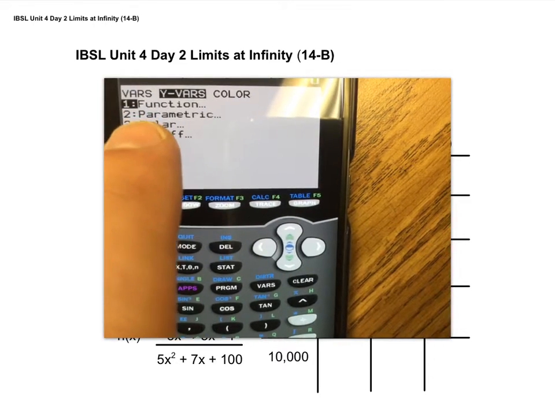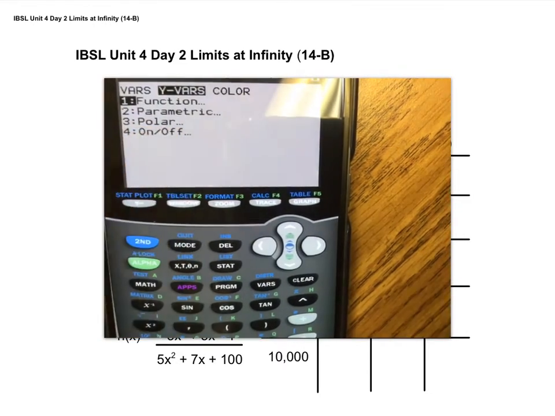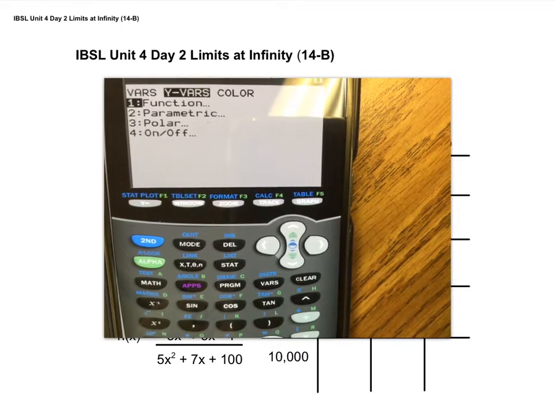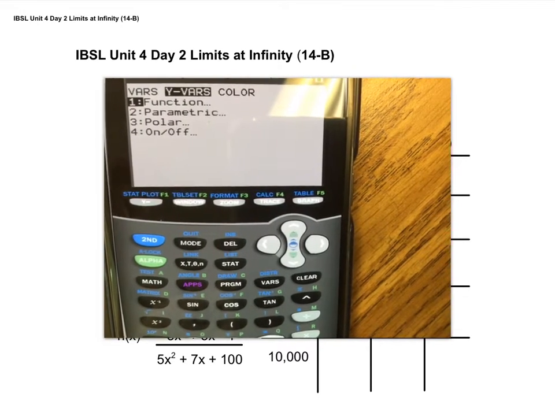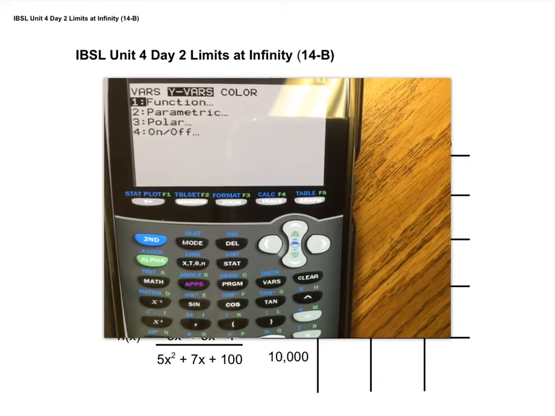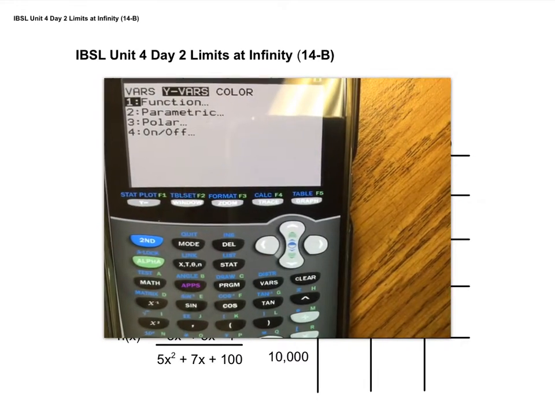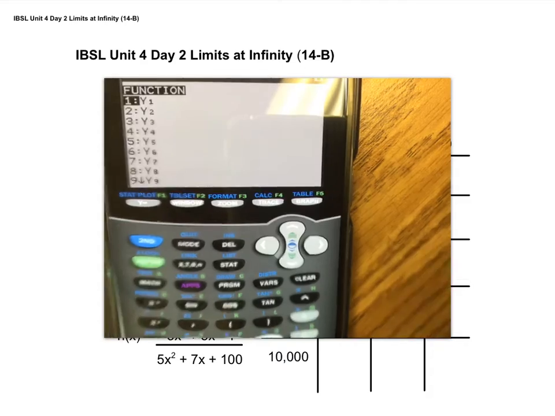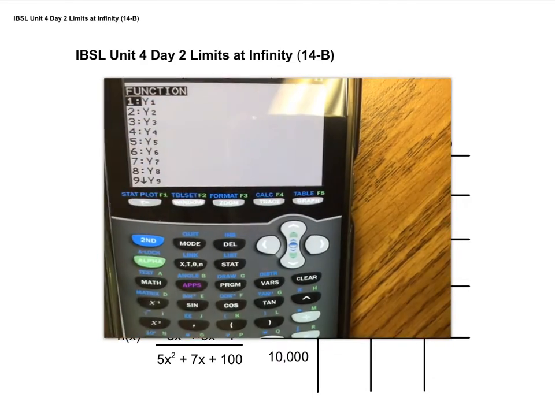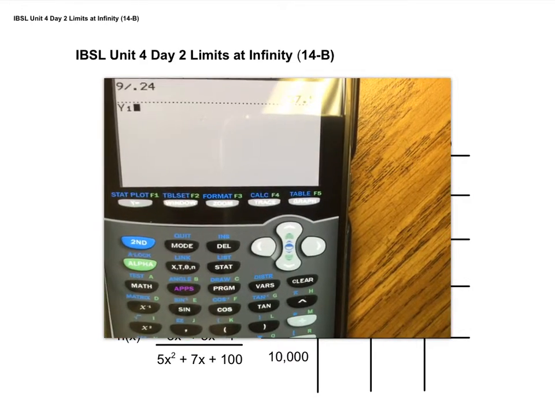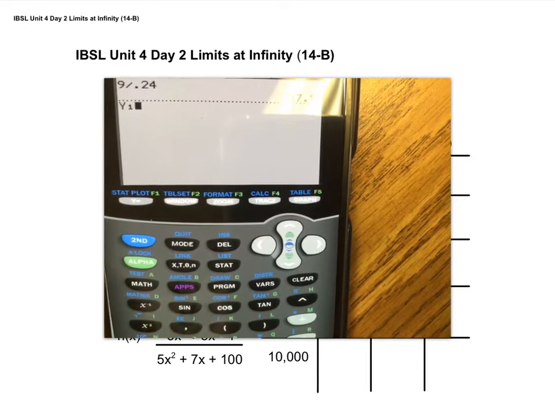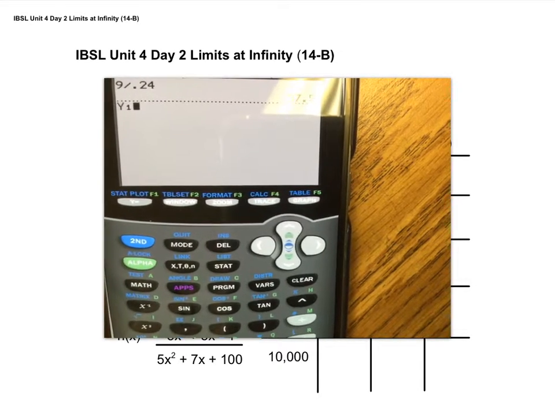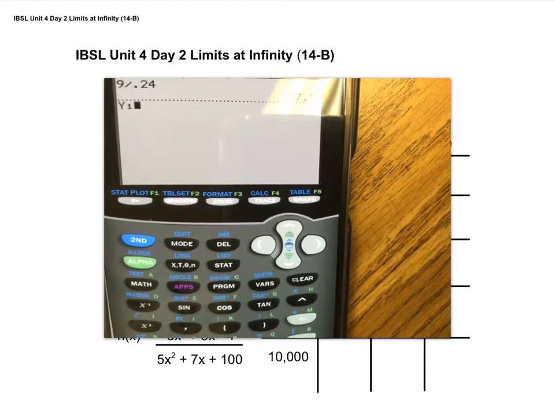Okay? And what we're trying to do is access that y1 that we just stored. I don't know if you realized it, but by typing it in there, it actually stored it in y1. So I'm going to hit enter on function, and you'll notice there's my y1. So I hit enter on that. Now, a cool thing that your calculator will do is that it will treat this as the function, and it'll allow you to use function notation.